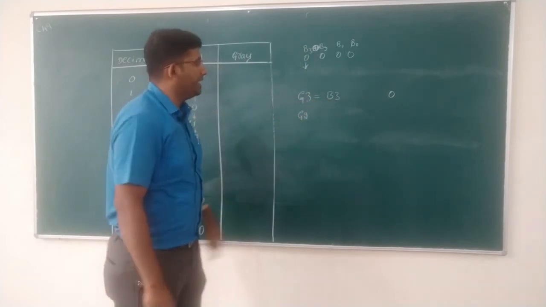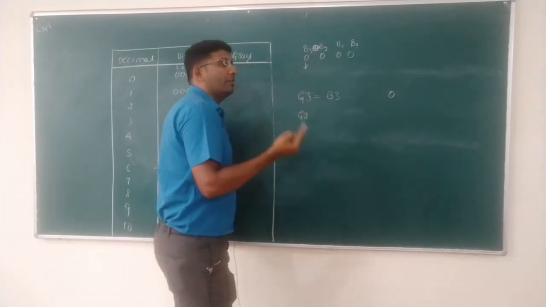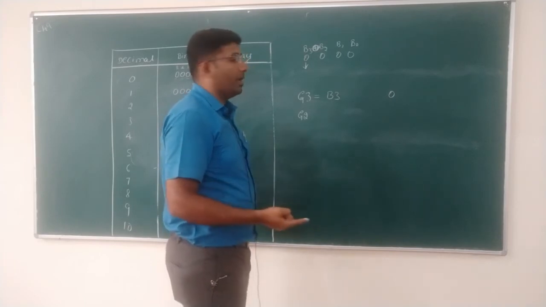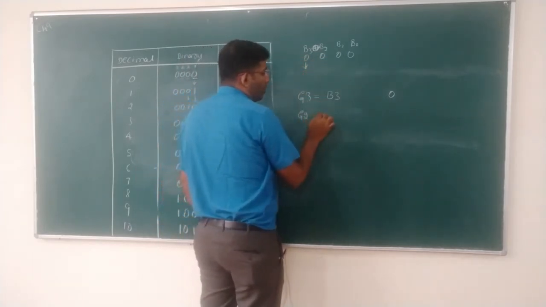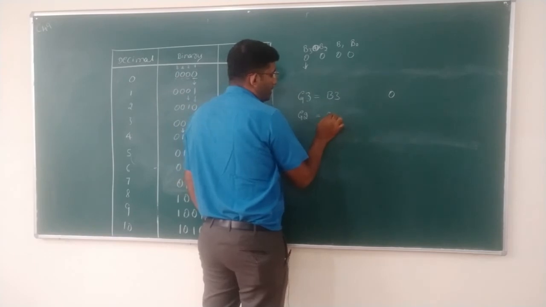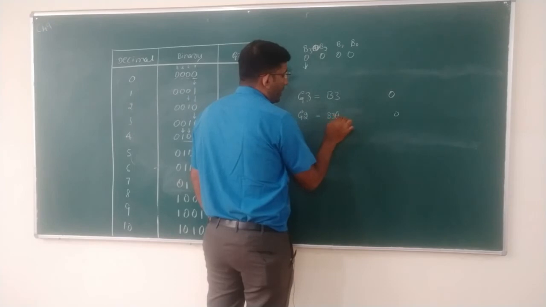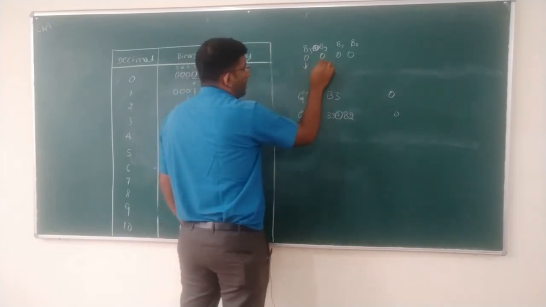So G3 is equal to B3. To get G2, we need to add B3 plus B2, considering that if an odd number of ones are there, the output is 1, and if an even number of ones are there, the output is 0. 0 plus 0, once again we are going to get 0. The formula is B3 plus B2.